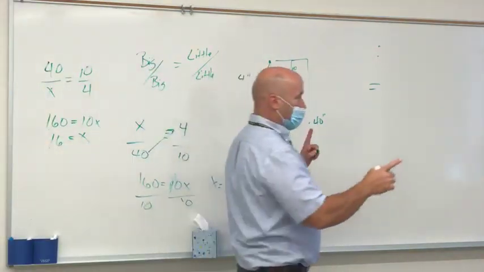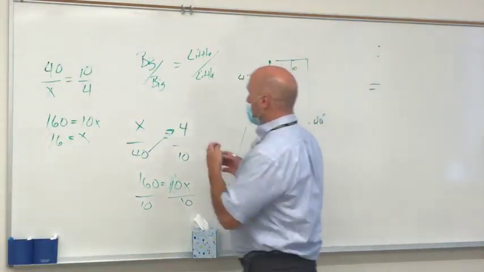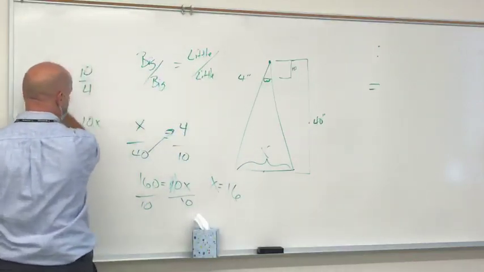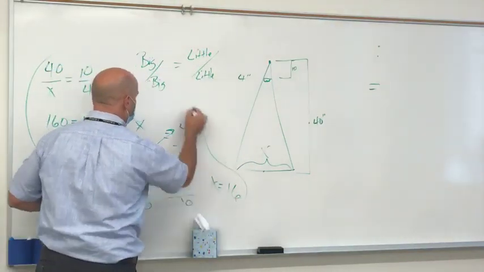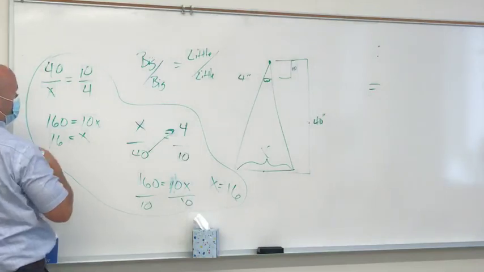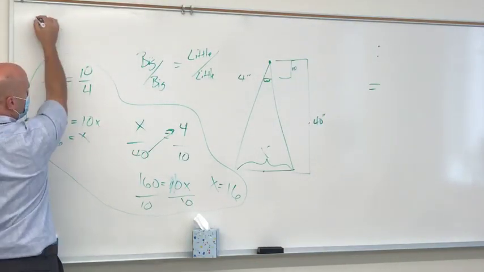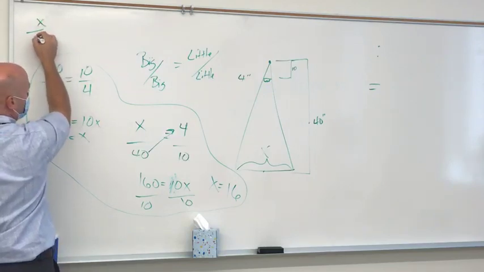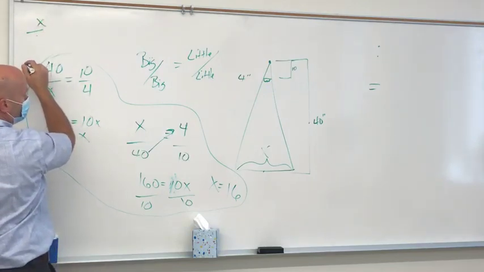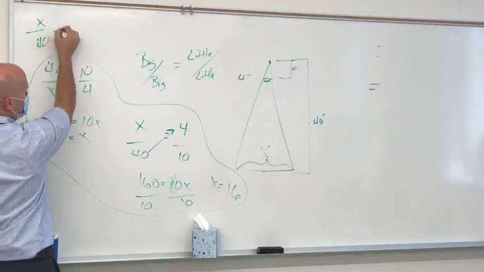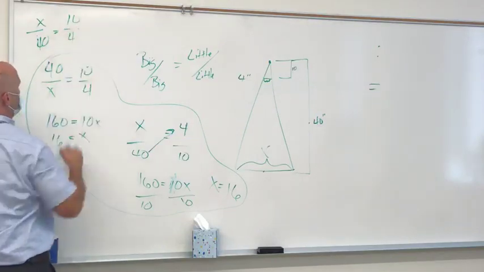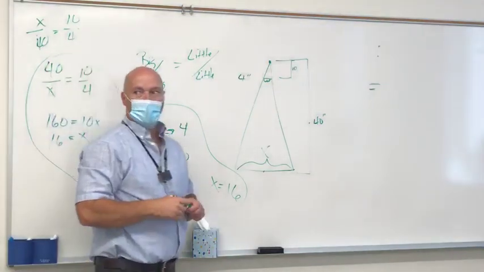Now if you start comparing apples to oranges, and you have, let's say, x over 40 is equal to 10 over 4, is that going to give you the same result?